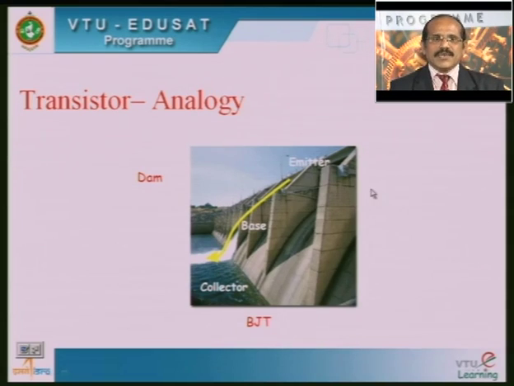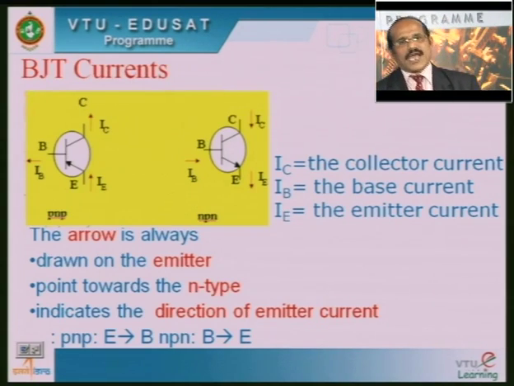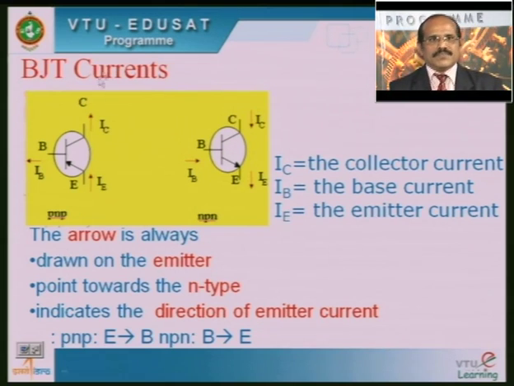Similarly, whenever the base is properly biased, the current will flow from emitter to the collector. So you can say that the BJT works on similar lines as the dam which is built on any river.